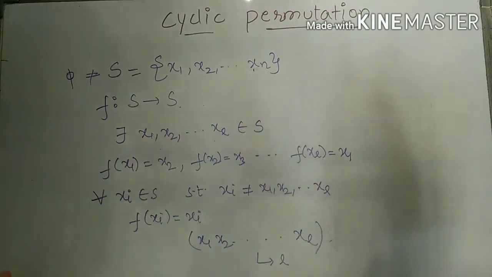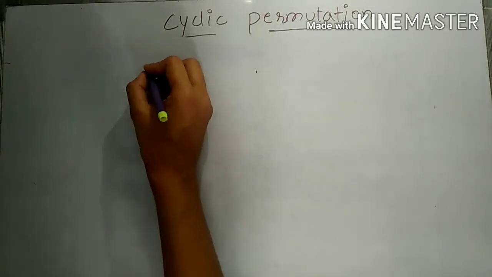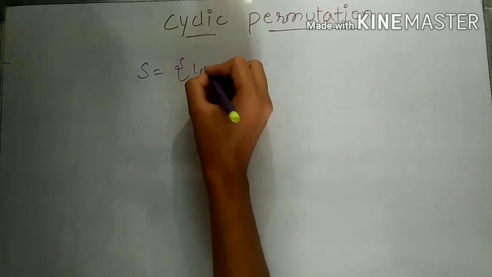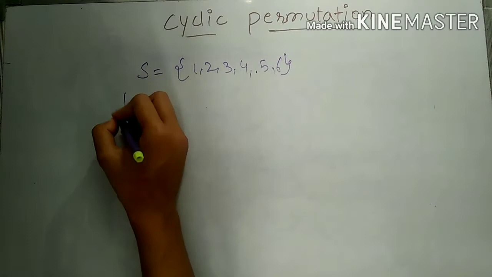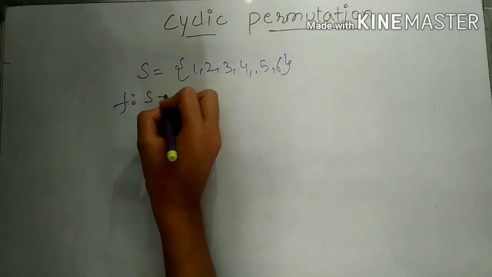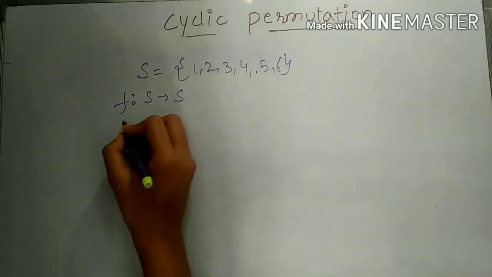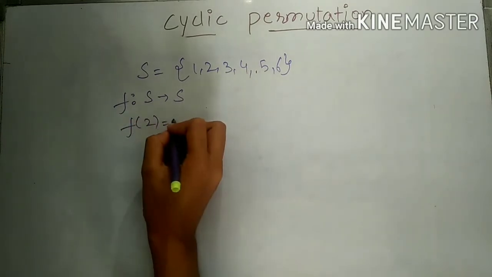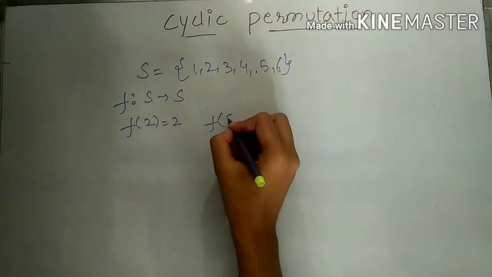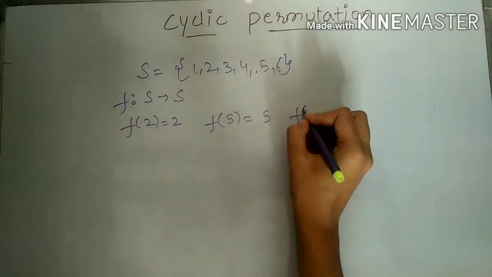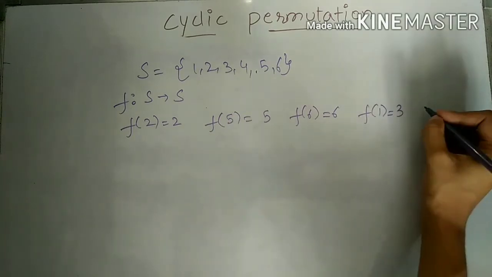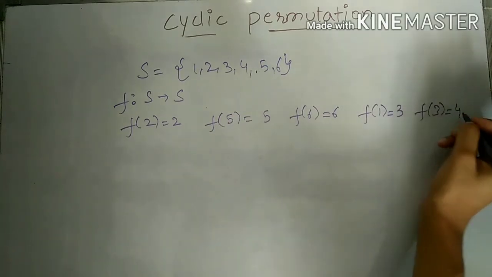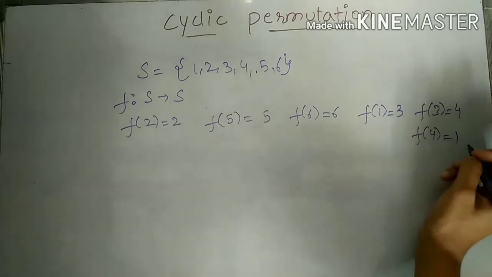Let's understand all this by taking an example. Let S be a set having 6 elements, and we define a permutation on this set S. Let f be a permutation on S defined as f of 2 is 2, f of 5 is 5, f of 6 is 6, f of 1 is 3, f of 3 is 4, and f of 4 is 1.